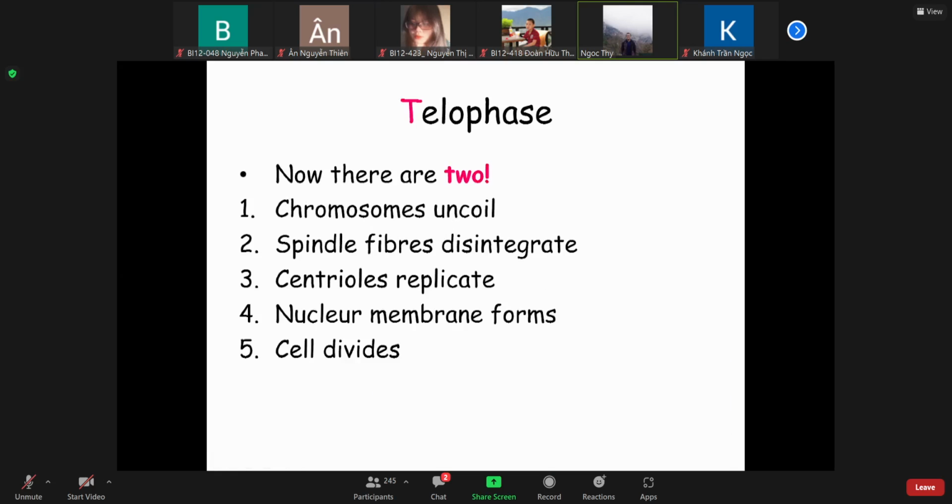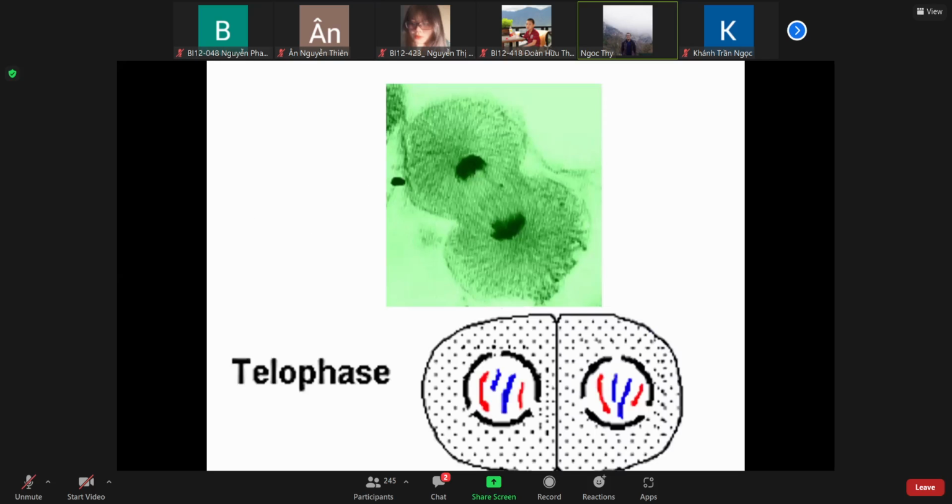In the final stage, telophase, the cell membrane forms again, and the mother cell is divided into two daughter cells with a genome exactly like the mother cell.